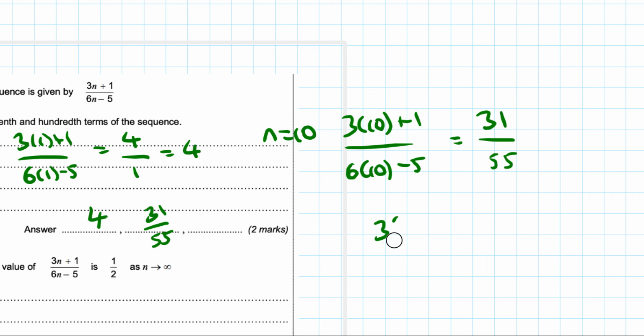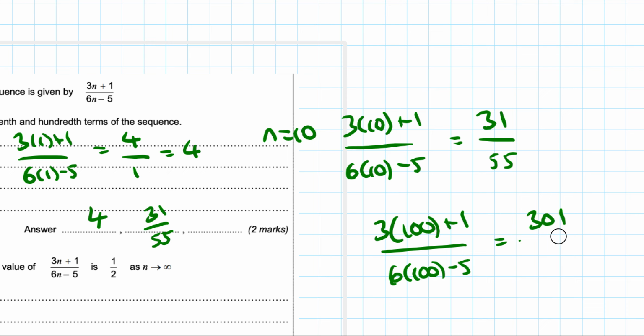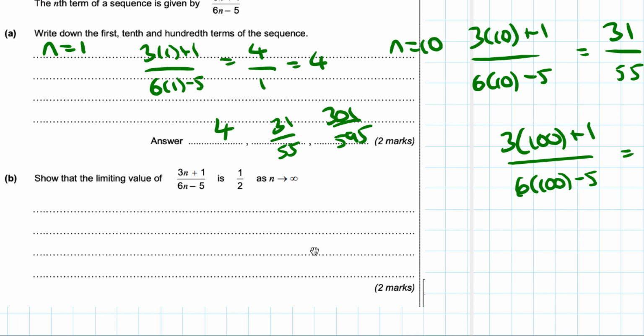And with the 100th term, it's 3 times 100 plus 1 divided by 6 times 100 minus 5. So it's going to be 3 times 100, which is 300, plus 1 is 301, and then 600 minus 5 is 595. So our answer here is 301 over 595, and that is part A.